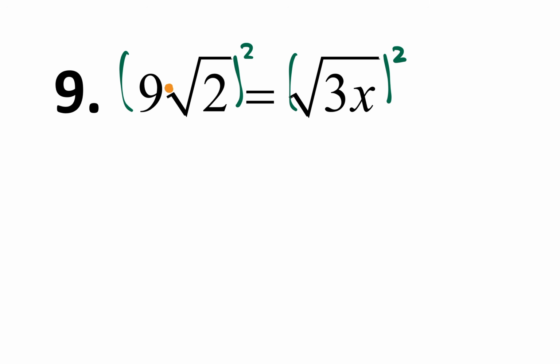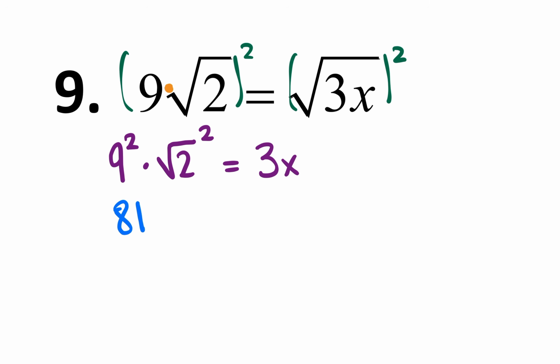Okay. Now, on the left-hand side, we have 9 squared times the square root of 2 to the 2nd power, right, like this, is equal to 3x. Now, on the left-hand side, this 9 squared will turn into an 81, and the square root of 2 to the 2nd power will turn into a 2, is equal to 3x.